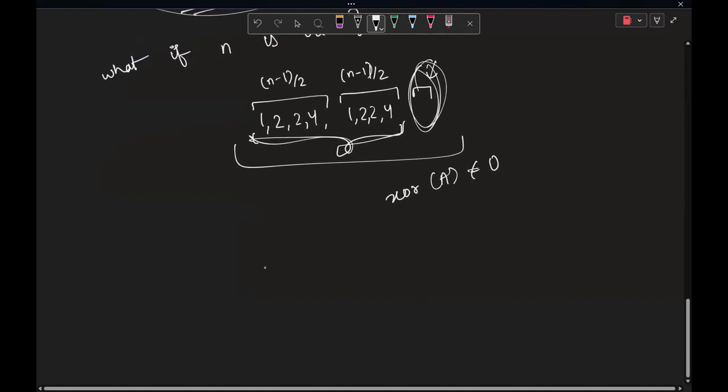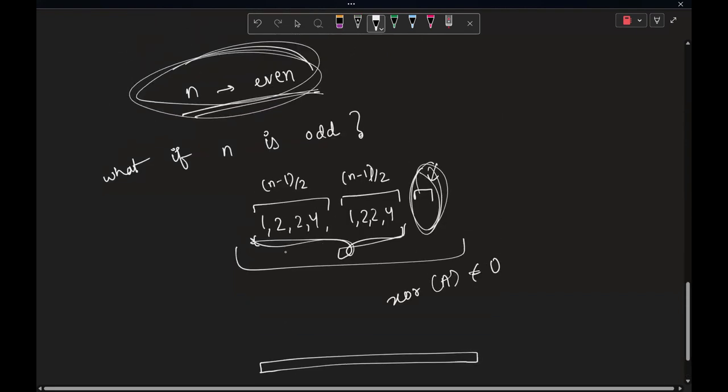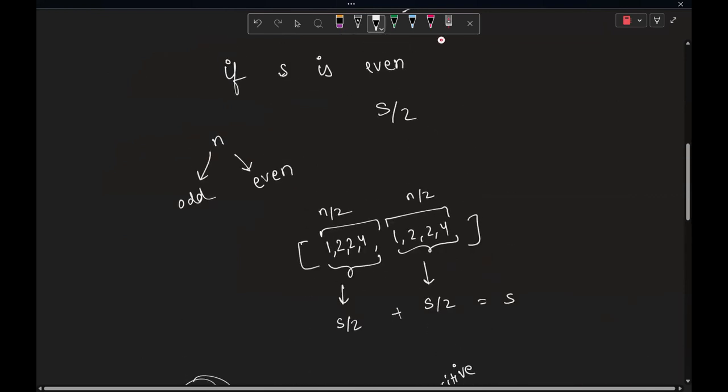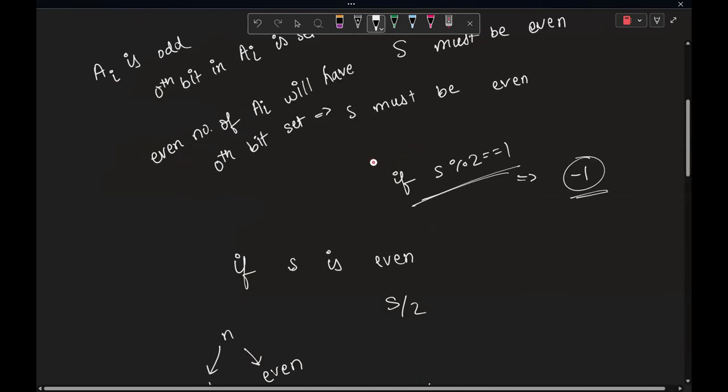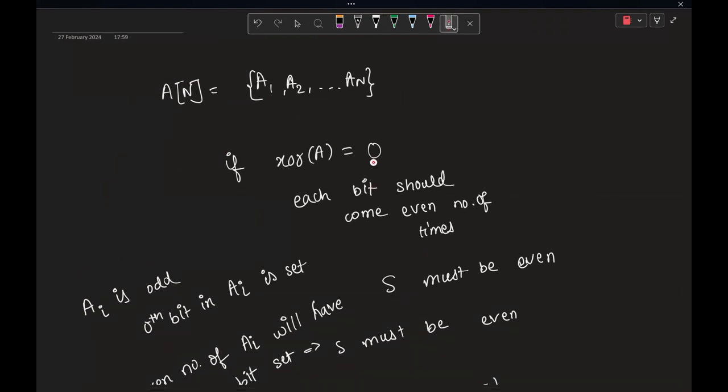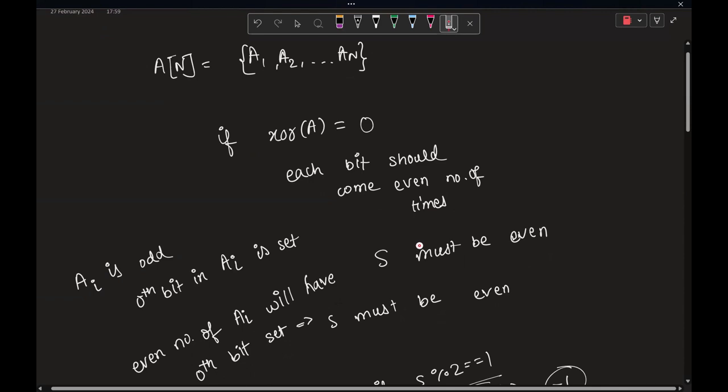Even when n is odd, the goal is still the same. You want the XOR of the elements to be equal to 0 and you want the sum of the elements to be equal to s, which is an even number.